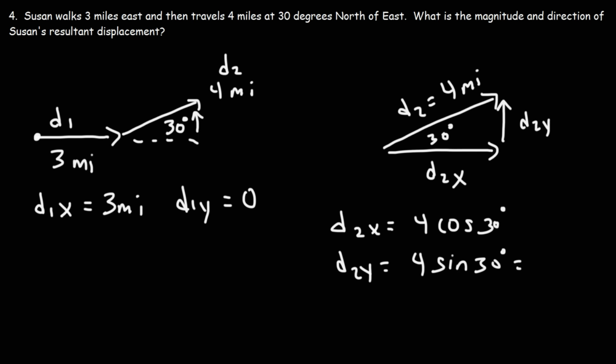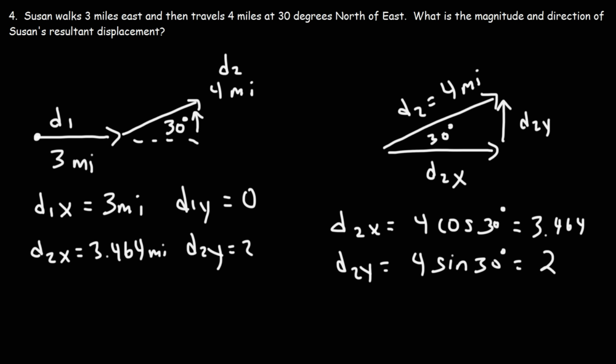Sine 30 is 1/2, so half of 4 is 2. Cosine 30 is 0.866 times 4, so that's going to be 3.464. So D2x is 3.464 miles, and D2y is 2.